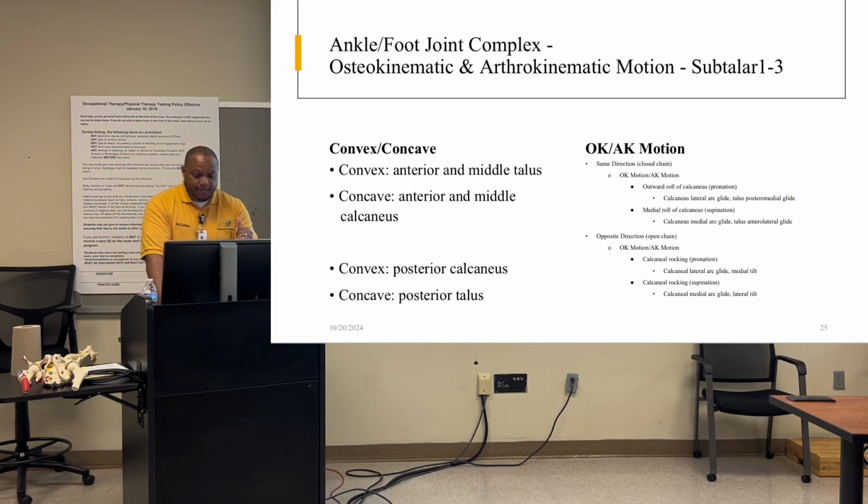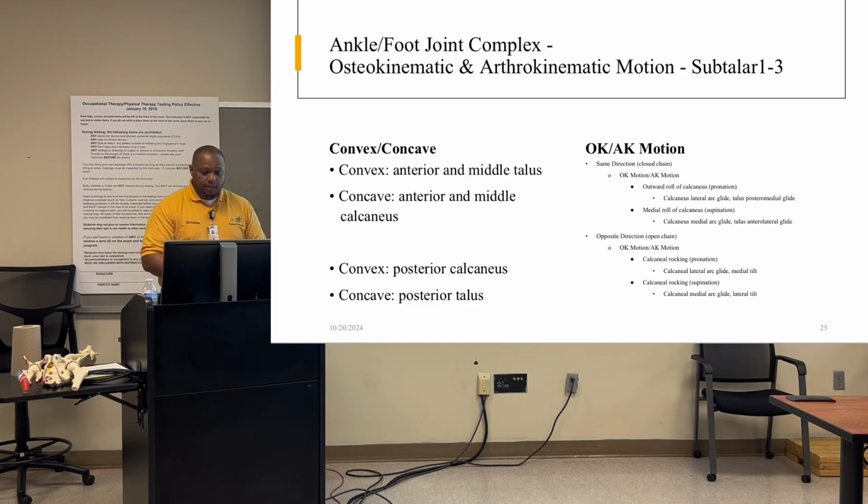So since we have a convex anterior and middle talus and a concave anterior and middle calcaneus, when we have convex moving on concave, the talus moving on the calcaneus, then your osteokinematic motion and arthrokinematic motion is going to be in the opposite direction.